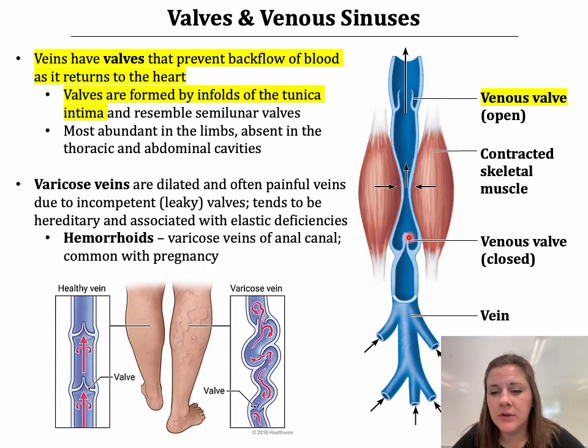And while the valves are closed, that's going to prevent it from moving backward. So the contraction of our skeletal muscles, the contraction of even our respiratory muscles helps to milk the flow of blood back to the heart. But there's really not much of a pump-like system here contributing other than these more external factors.